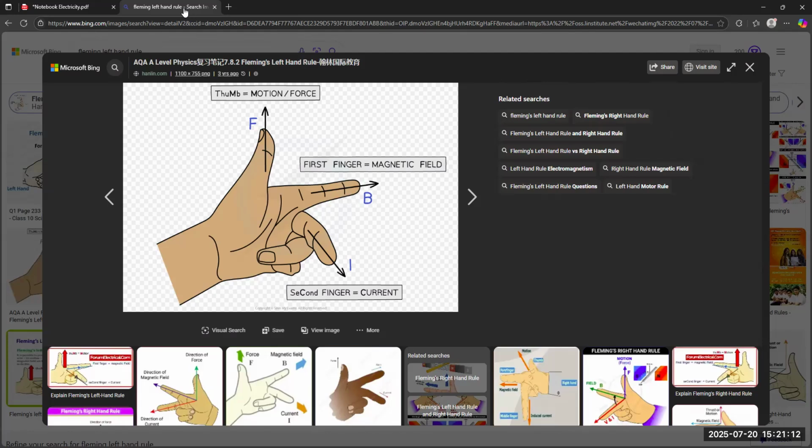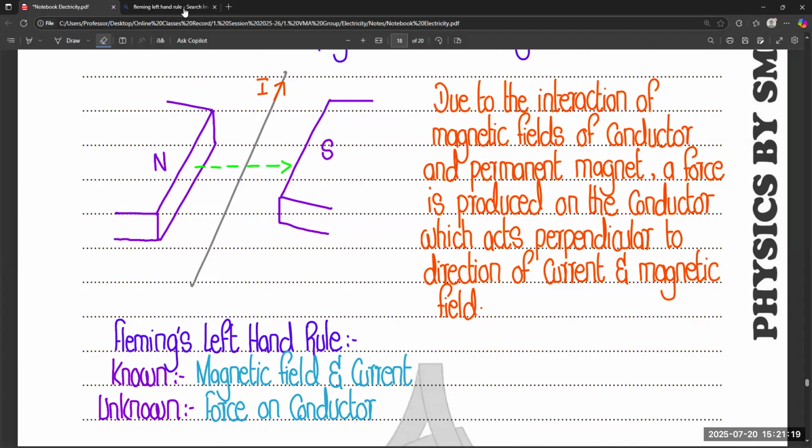So I shared the picture for the orientation in the group. For this specific diagram that we drew at the start of the topic, you can see from the left hand your first finger is pointing towards the right, and your second finger is pointing in the direction of electric current into the paper, and the direction of the thumb is downward.